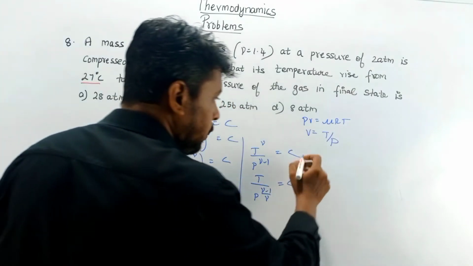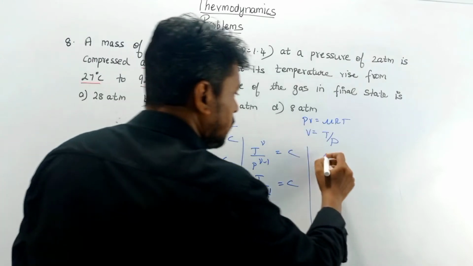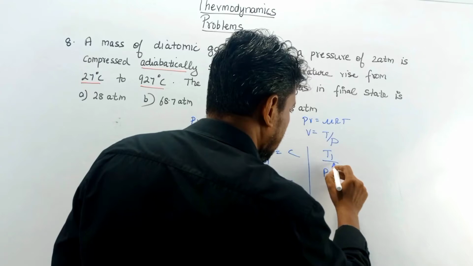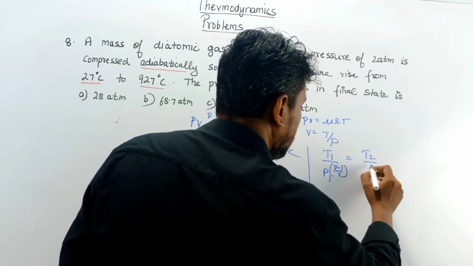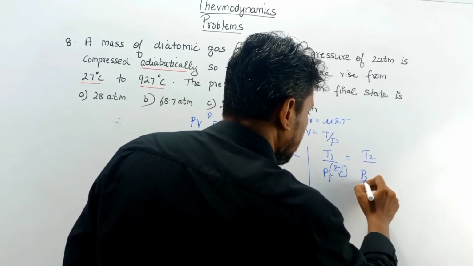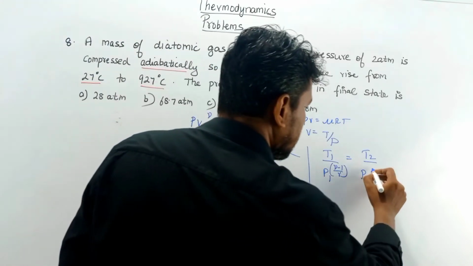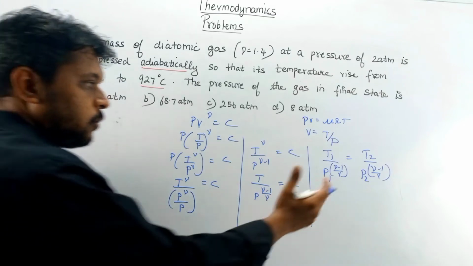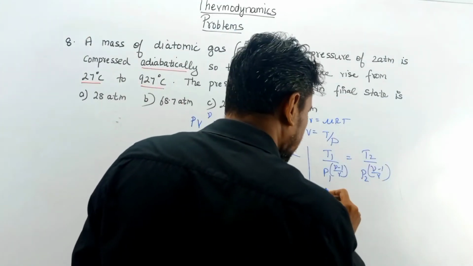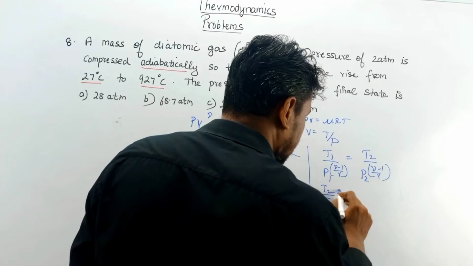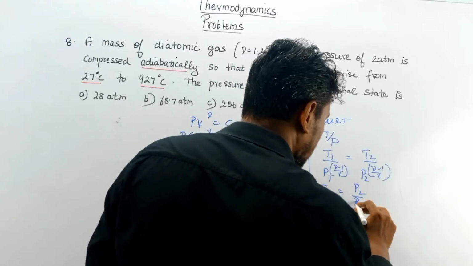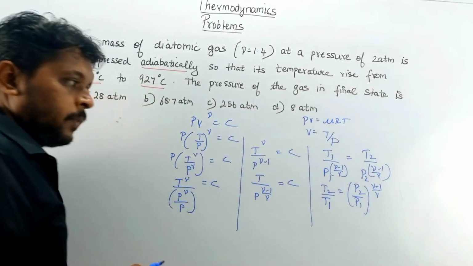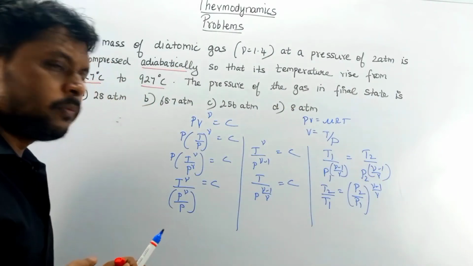Okay, so this could be written as T1 by P1 to the power gamma minus 1 by gamma is equal to T2 by P2 to the power gamma minus 1 by gamma. Now replace the equations. So T2 by T1 could be written as P2 by P1, the whole power gamma minus 1 by gamma.